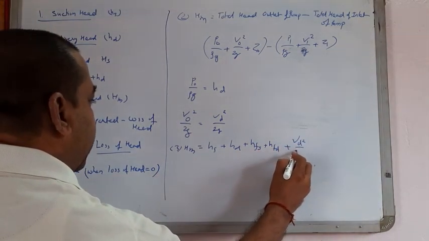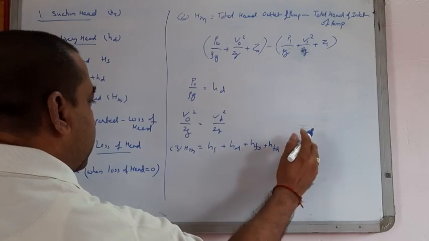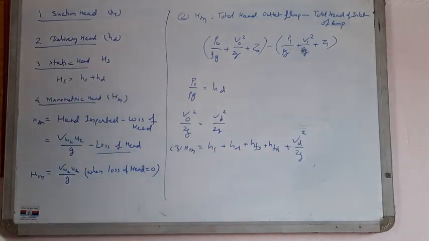Here hs is suction head, hd is delivery head, hfs is frictional head in the suction pipe, and hfd is friction head in the delivery pipe, and Vd is velocity of water in delivery pipe.